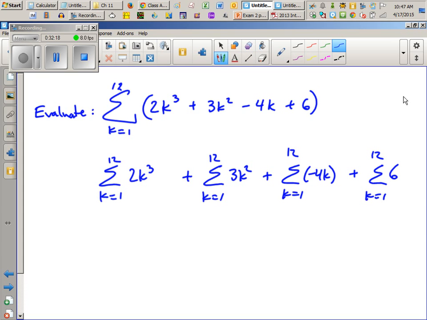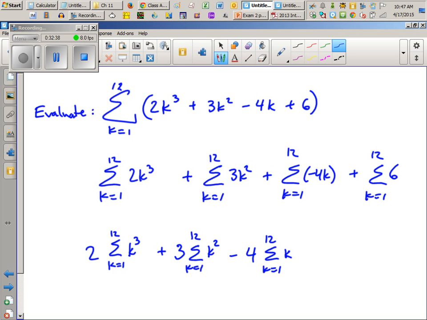Well, for that matter, we could pull the 2 out of the first one, the 3 out of the second one, the minus 4 can be pulled out of the third one, and this last one is just 72 anyway.